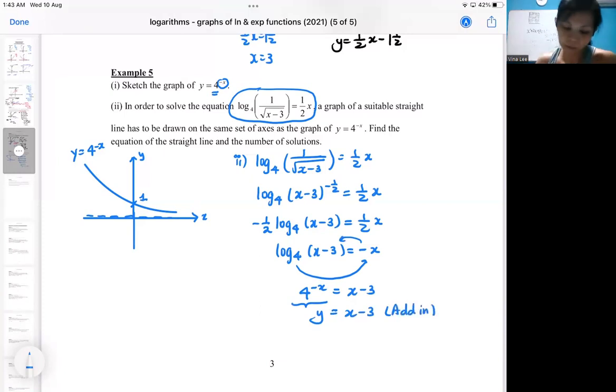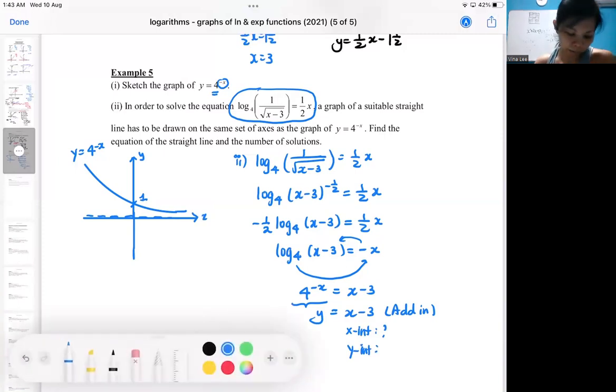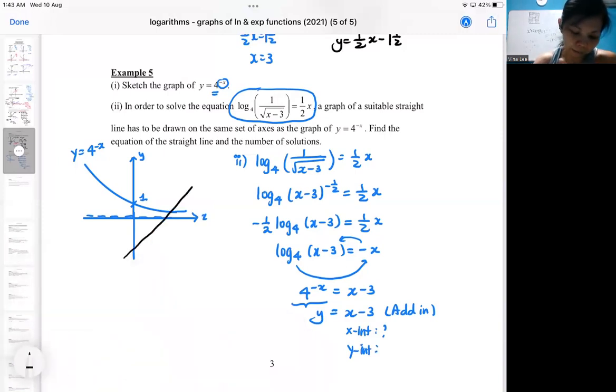So you add in with the idea of where is the x-intercept and where is the y-intercept. So do calculate out. It's quite easy. You will find that both are 3. No, minus 3 and 3.